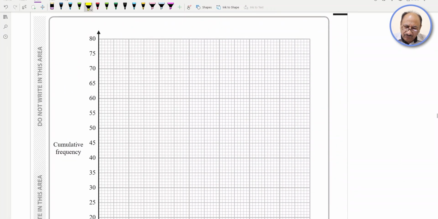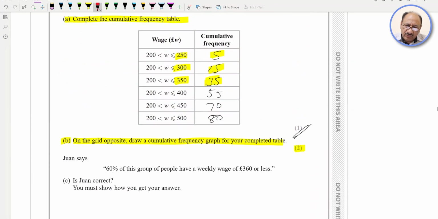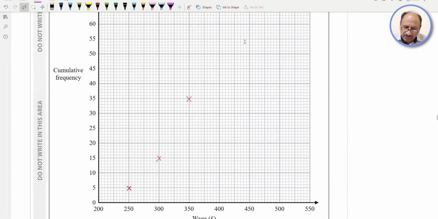So 350 and 35 will be this point which we have indicated, and next will be 400, 55. So 400, 55 we will indicate on the cumulative frequency graph.